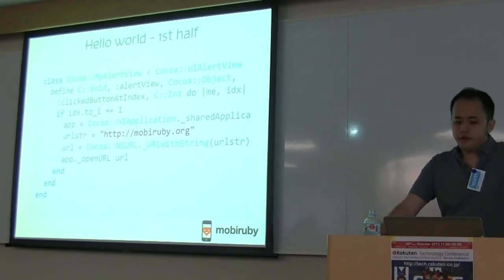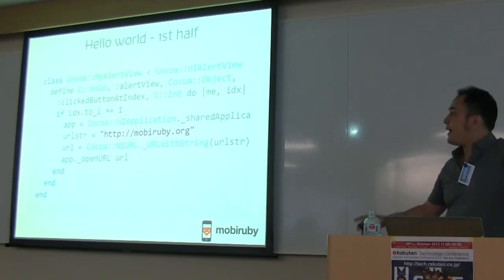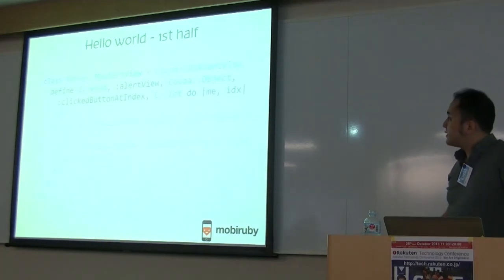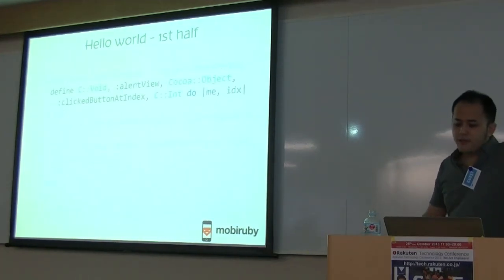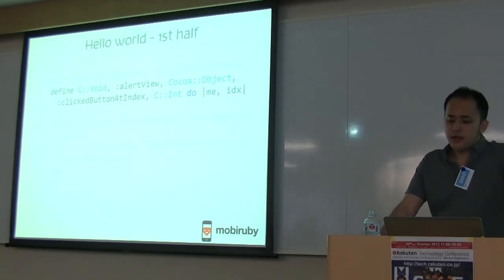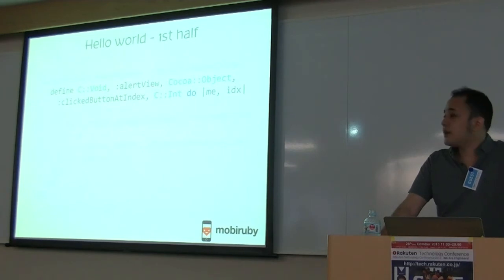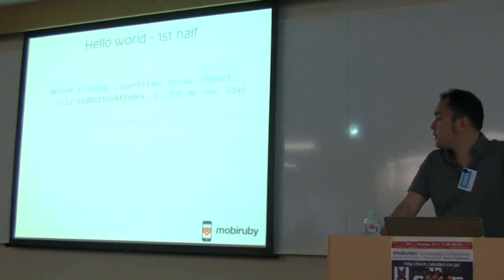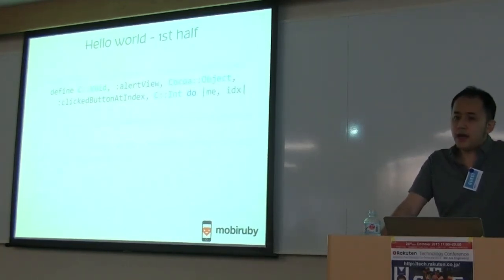It defines a new delegate method through define_method. MobiRuby does not support keyword arguments. It's a Ruby 2.0 feature. MobiRuby is based on almost Ruby 1.8, and MobiRuby has no ordered hash class.